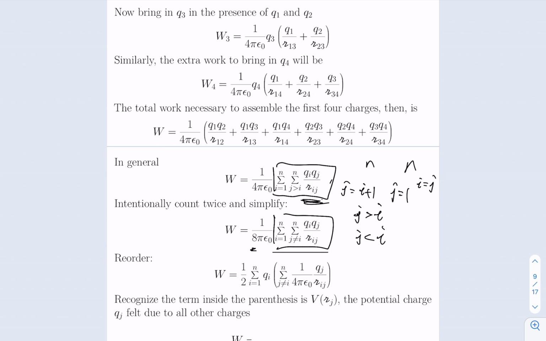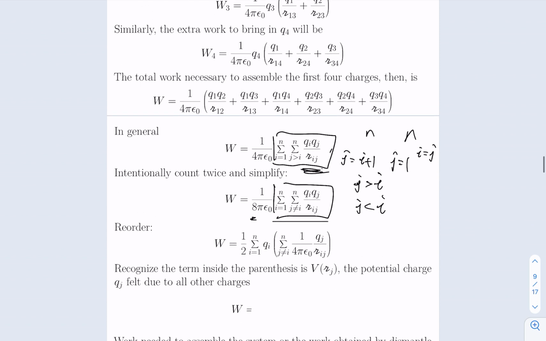So if we reorder this double sum, we can pull this qi out, and this gives a slightly cleaner expression. And if we stare at this expression long enough, you might actually recognize that this is the expression for the potential due to all the charges except for the point charge itself.